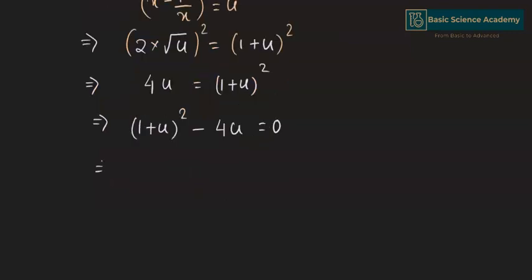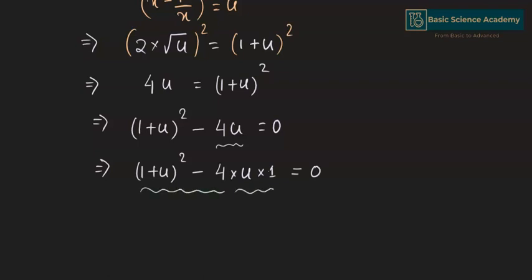So this gives 1 plus u whole square minus, we can write 4u as 4 multiplied by u multiplied by 1 equals 0. Now the left side of the equation is in the form of a plus b whole square minus 4ab, where a is equal to 1 and b is equal to u.